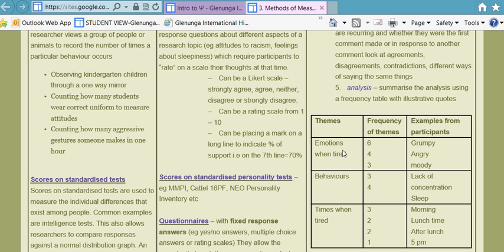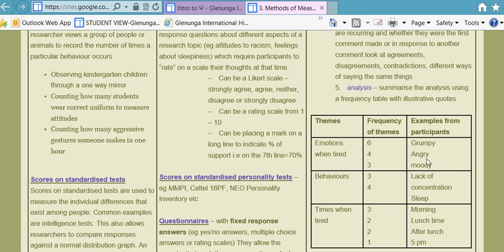So I want you to understand that, for example, this theme here, checking the emotions of a person when they're tired, the behaviors of the person when they're tired, and the times the person is tired, I can find that when these people who participate in my research are tired, most of the time they get grumpy.